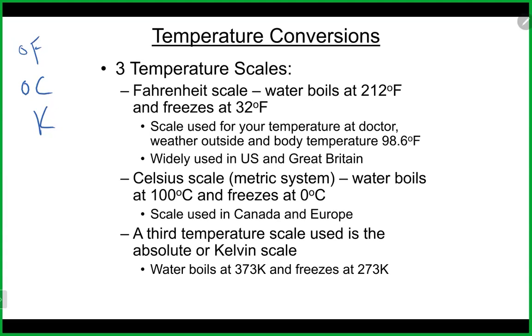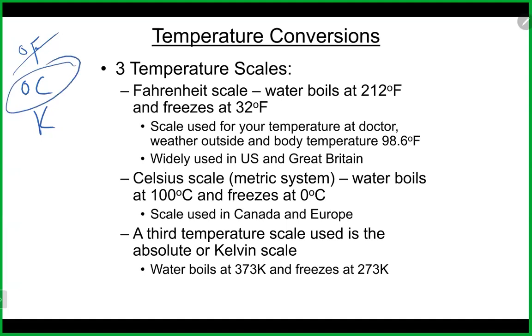The third temperature scale, which used to be called the absolute temperature scale, was later renamed for Kelvin. Water boils at 373 Kelvin and freezes at 273 Kelvin. Out of these three scales, outside of chapter 2, you probably won't see too much Fahrenheit. Usually temperatures are given to you in Celsius in chemistry.